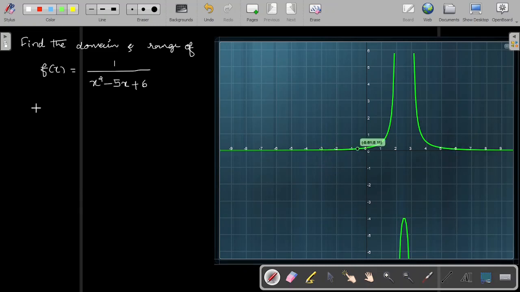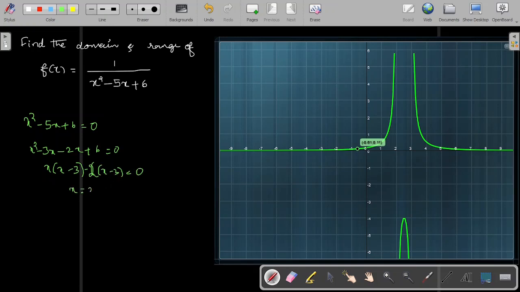Algebraically, to find the domain, you have to equate the denominator to 0. We have to find out at what values of x the denominator becomes 0, then eliminate those values from the real numbers. So, equate the denominator to 0: x² - 3x - 2x + 6 = 0, which is x(x - 3) - 2(x - 3) = 0.